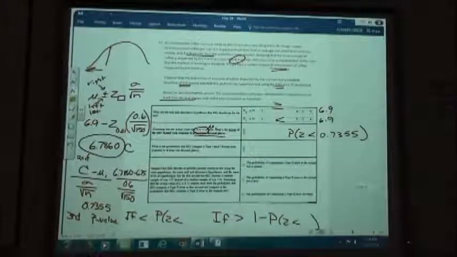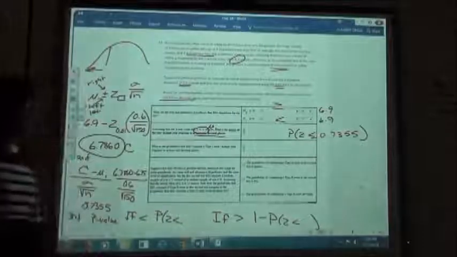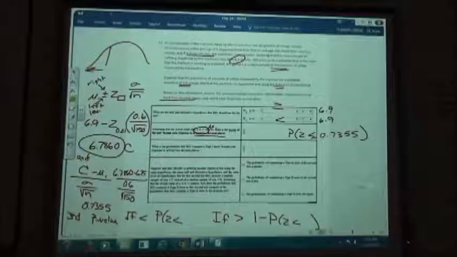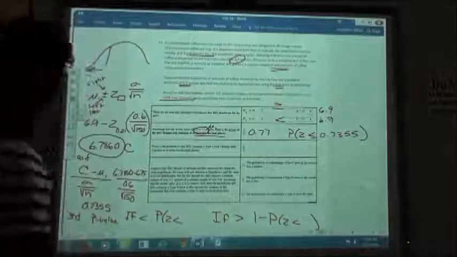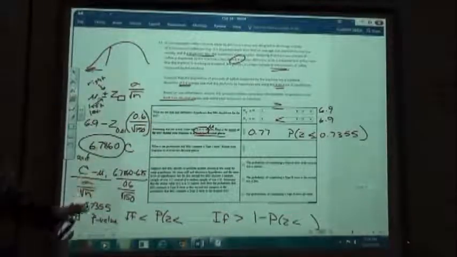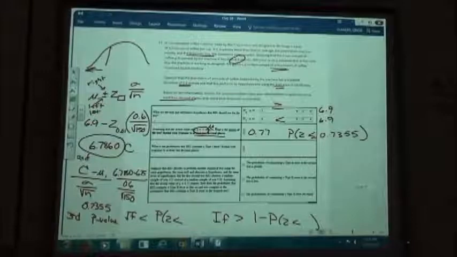So clear that out, do p of z is less than, yep, or equal to that number. To 2 decimal places, what do you get? 0.77, that's exactly what you should get. Okay? All that work is adding all those steps together as stuff we did in the last couple days.